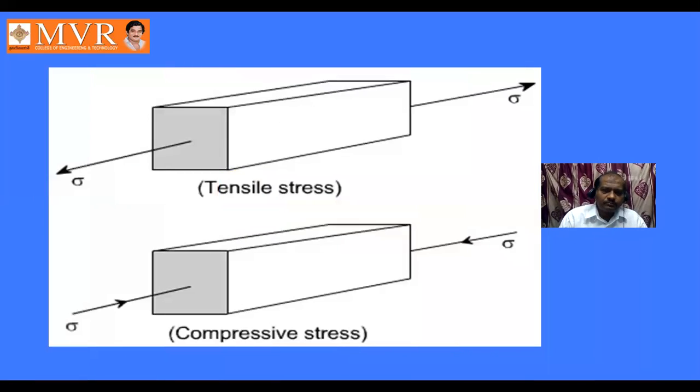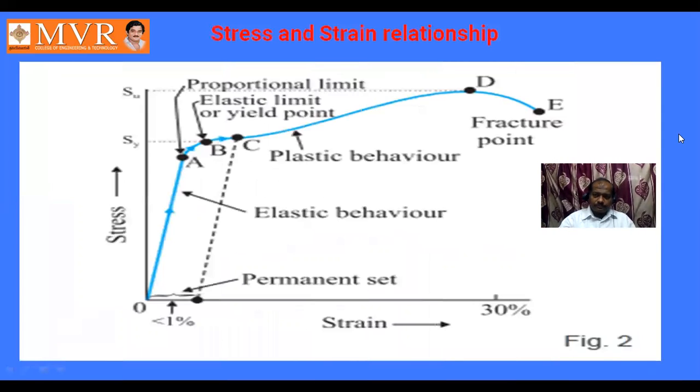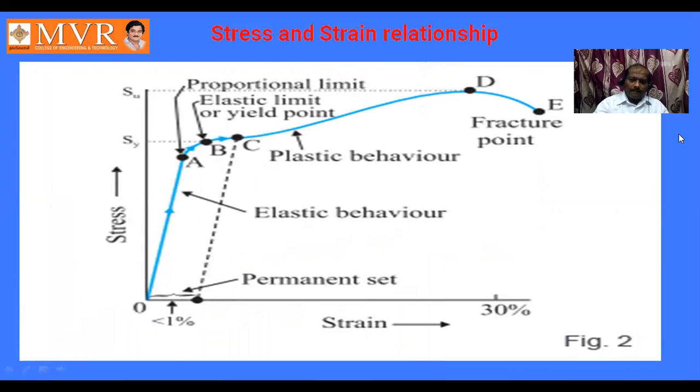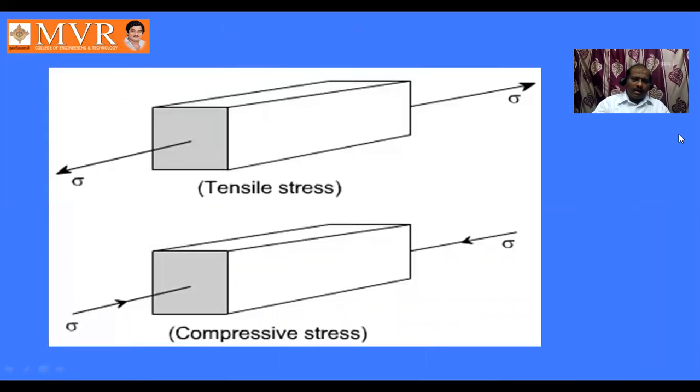Next, if you observe the first figure, tensile stresses, two arrowheads are acting in opposite directions with respect to each other. Then that is going to be called tensile forces. What is compressive force? If two forces act opposite to each other on an object, then that is called compressive forces.